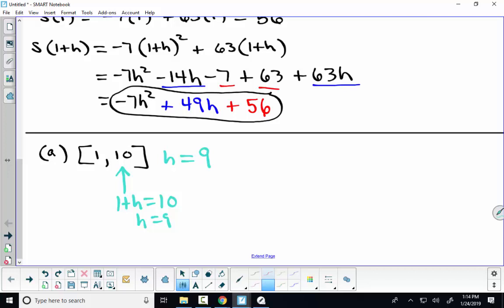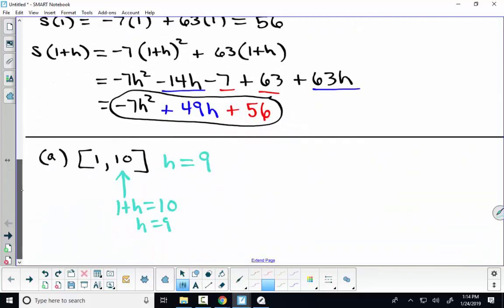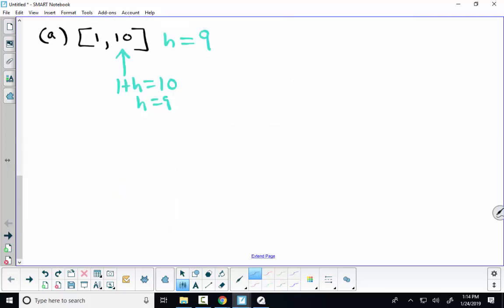So all we've got to do is throw h equals 9 into our function we computed. What was it? Negative 7h plus 49. And then we have the average rate of change on this interval without necessarily having to compute the change in y over the change in x. Plus 49.